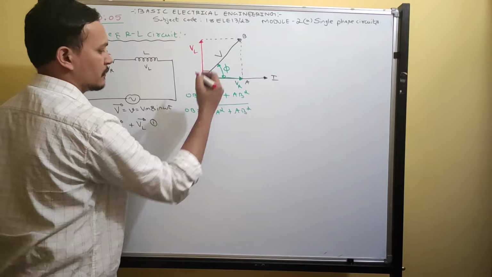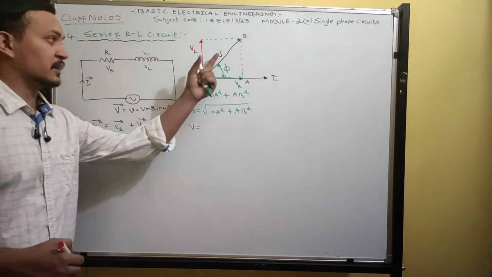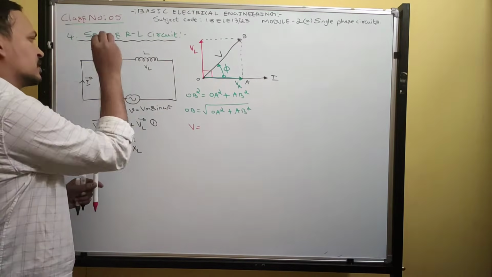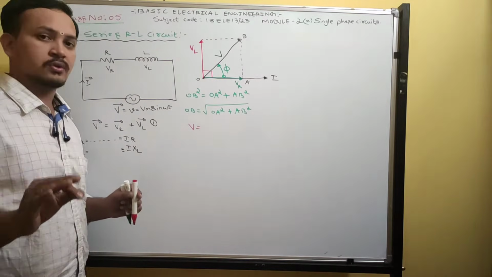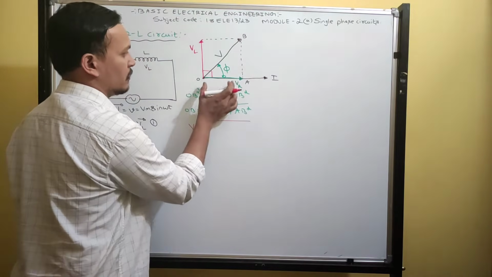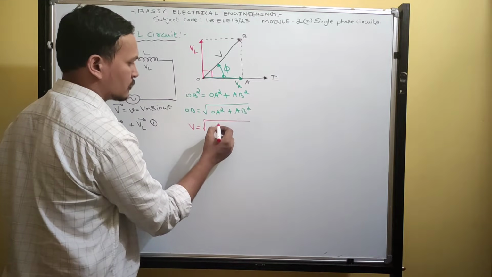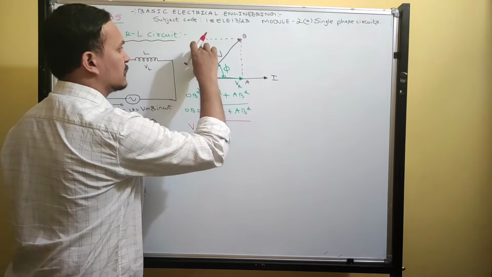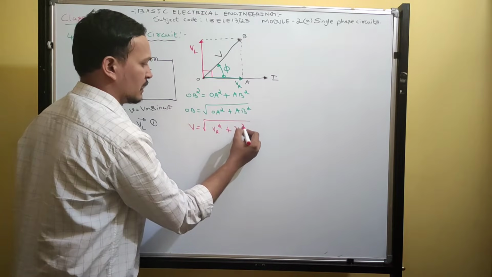It is V, the voltage connected across the circuit. This is called vector addition. In DC you can do direct addition: this voltage plus this voltage is equal to the supply voltage. In AC you should do vector addition. So, the whole square root of OA square, where the vector OA is the voltage drop across the resistor, so VR square, plus AB square. What is A to B? This length and this length are both the same, so AB is VL square.